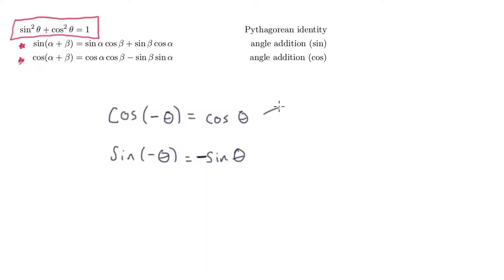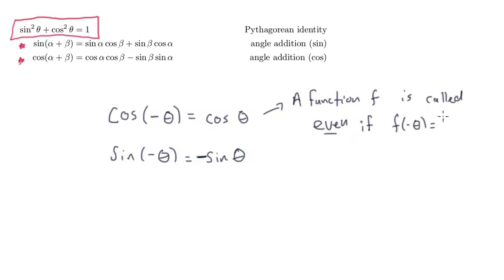So a function f is called even if it has this property that cosine is illustrating. If I make the argument negative, it doesn't change the value of the function.